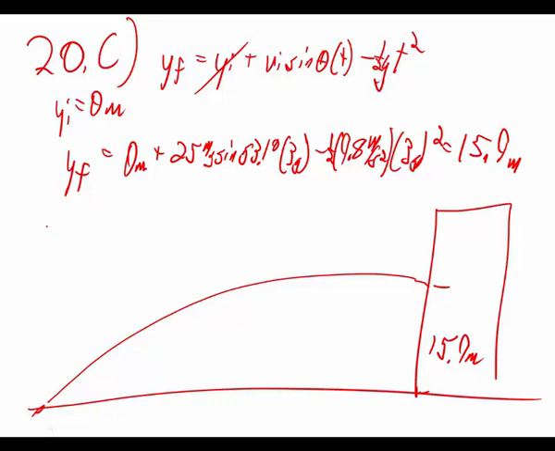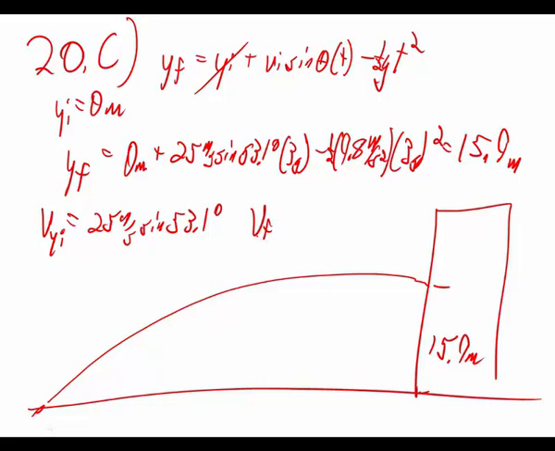Well, we know initial velocity, don't we? Initial velocity, or velocity in the y is what? 25 meters per second? And this is initial now, times what? Sine of 53.1, right? So what is the final velocity?